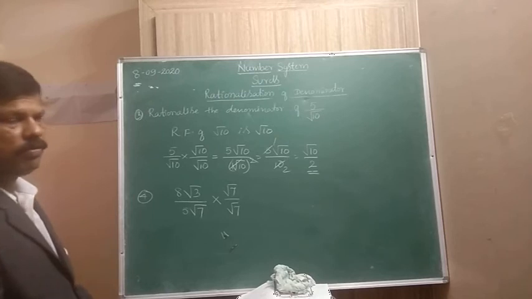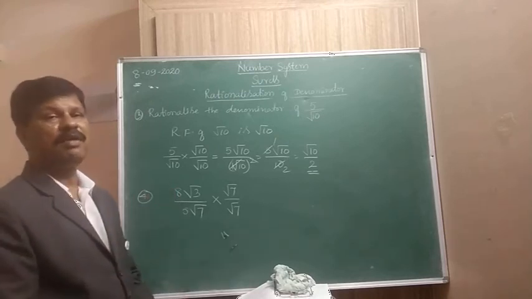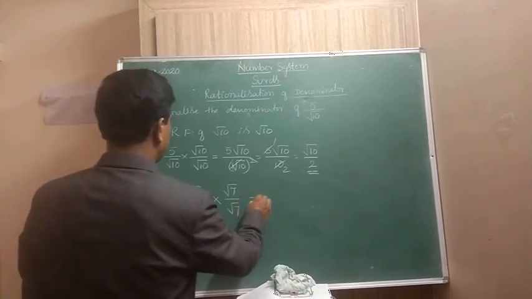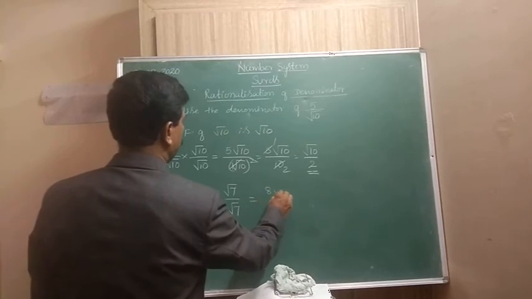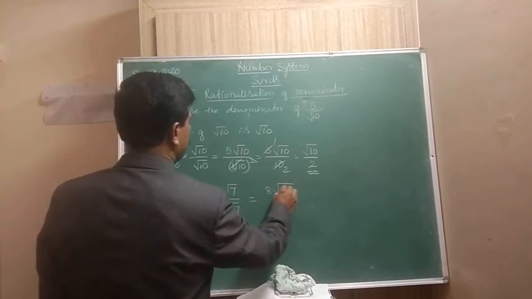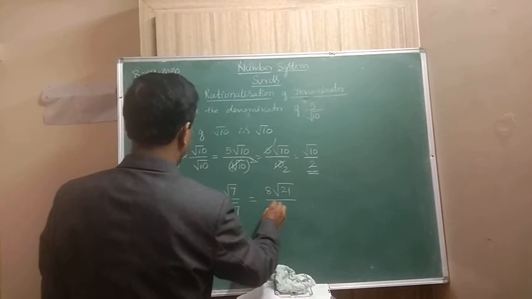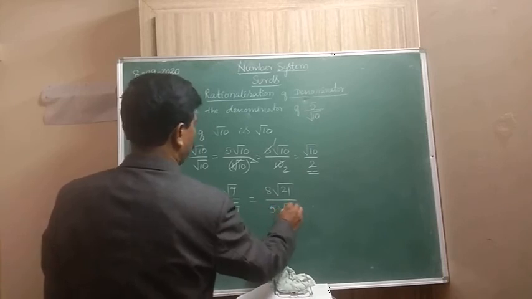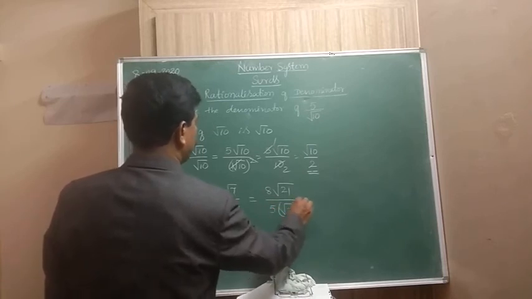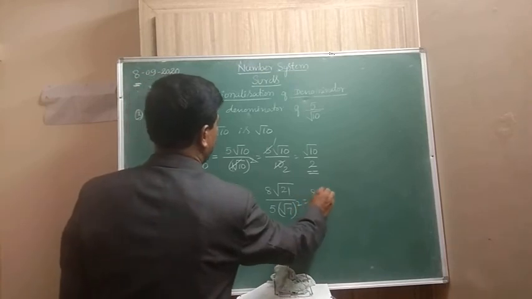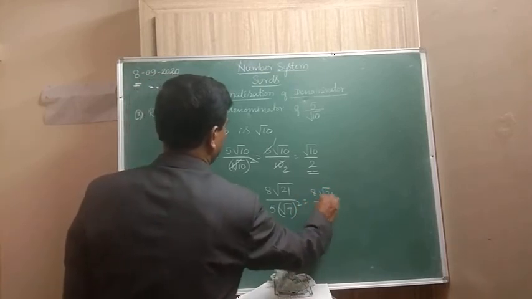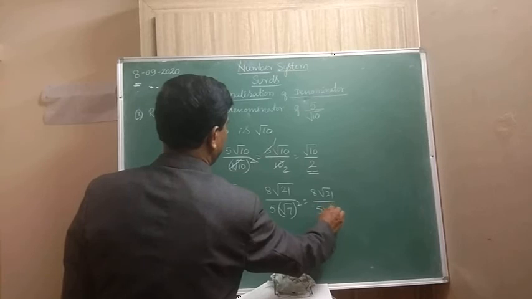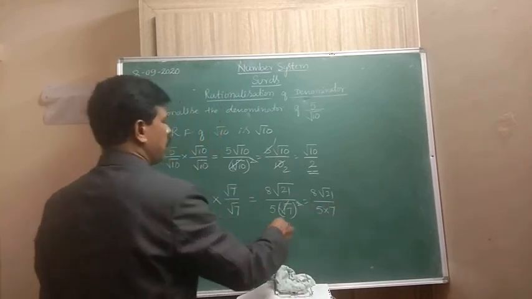No need of the numerical coefficient. So this is 8 root 3 sevens are 21, by 5 root 7 whole square. Then this is 8 root 21 by 5 into 7. Square and square root get cancelled.